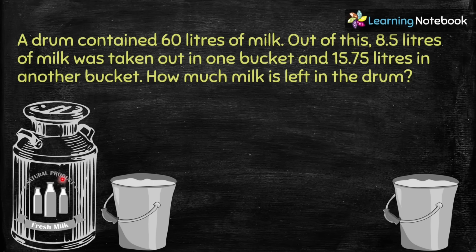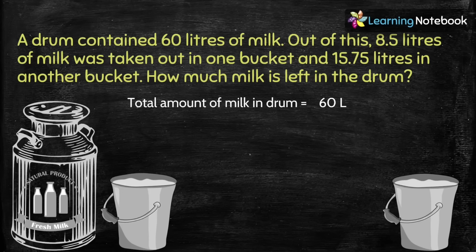So students, here we will do both addition as well as subtraction. So let's see how to do it. First, we will write the statements. Total amount of milk in the drum is given as 60 liters.